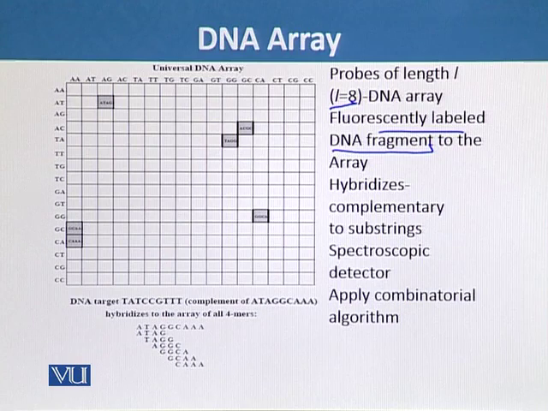The DNA fragment hybridizes with those probes that are complementary to substrings of length L of the fragment. Then, because we are using a fluorescently labeled dye, we can detect it with a spectrophotometric detector, which determines which probe hybridizes to the DNA fragment to obtain the L-mer composition of the target DNA fragment.